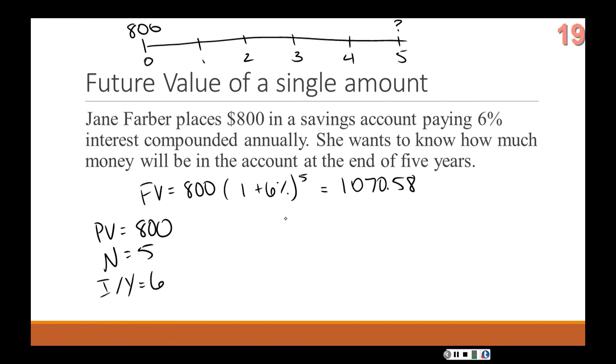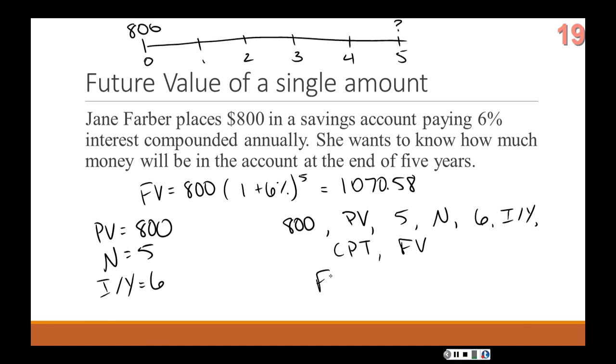So the steps that you take here: you type in 800 PV, 5, the N button, 6, and the I/Y button. Then you push the compute button and future value.